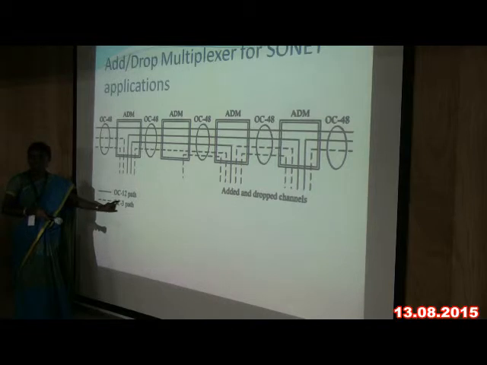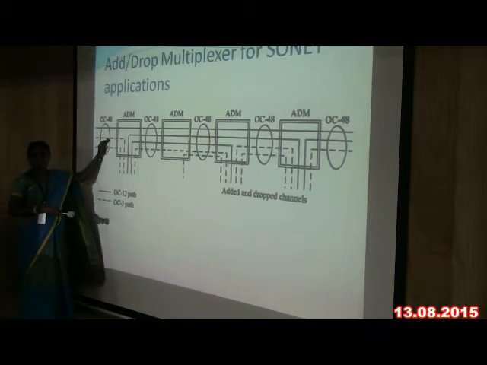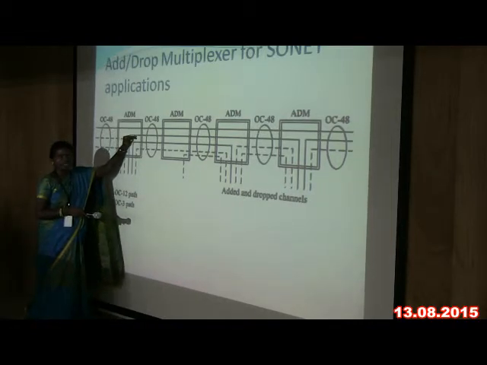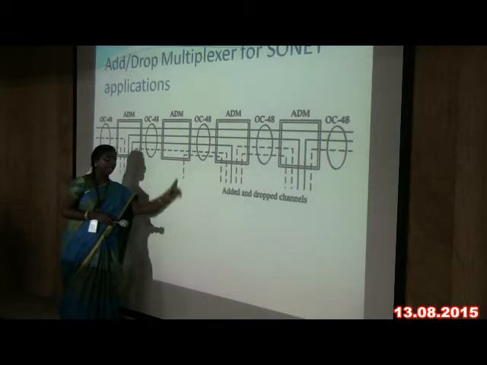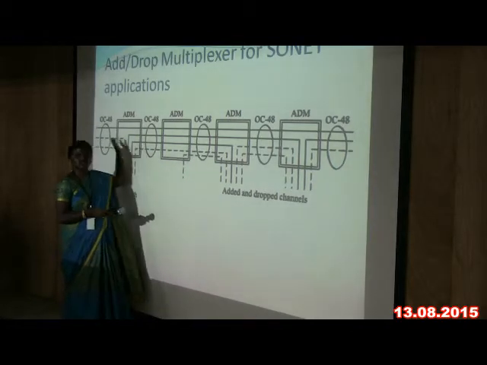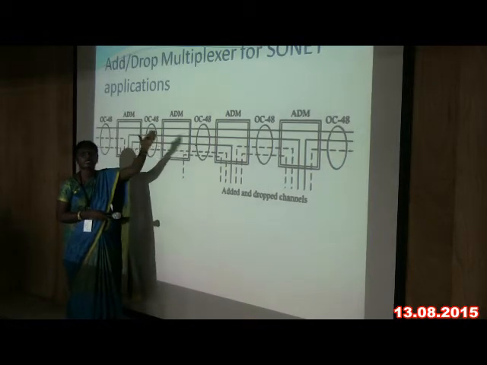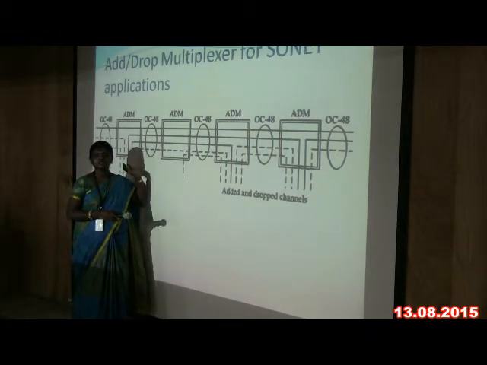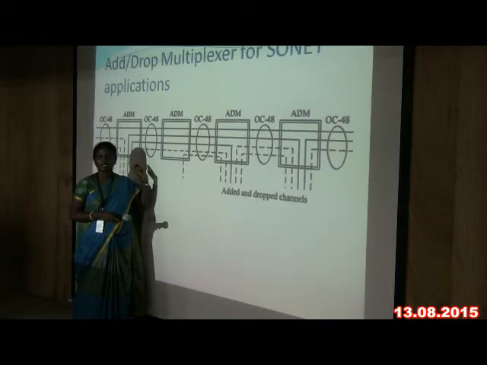So this is a low data rate signal, this is a high data rate signal. Low data rate and high data rate signals are multiplexed by using the add drop multiplexer, and we are also adding in between the network. This is your source, that is your destination, and in between we are adding and dropping some signals. This is the use of the add drop multiplexer.